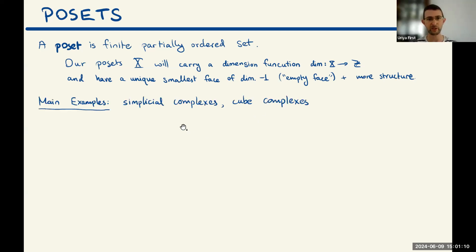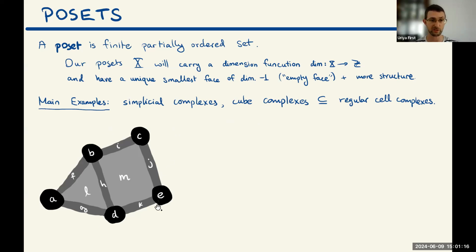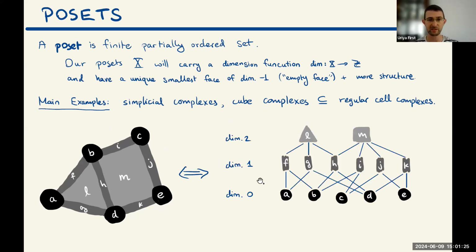The main examples are simplicial complexes and cube complexes, and more generally, you can use any regular cell complex. So here is a picture of such a complex, basically a construct of vertices, edges, and faces. And we can reorganize that into layers, so vertices in dimension 0, edges in dimension 1, and so forth. And we also have to add an empty face of dimension -1. So this is how I think about this thing as a poset.